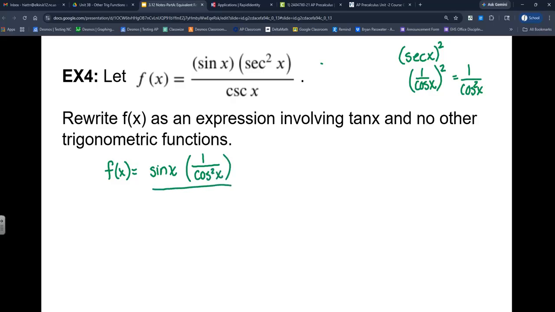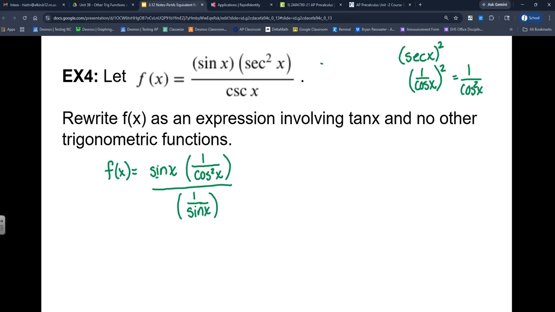And you don't have to show the work that I just showed over here to the side. It is okay just to do this. And then cosecant is 1 over sine x. Now, I have a complex fraction, but I really don't want to flip and multiply yet because I have two things in the top.